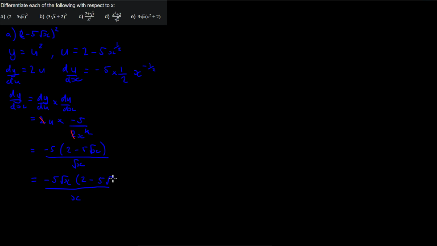Don't forget this bracket here. We could expand the brackets, maybe it'll simplify a little bit more. We'll have negative 10 root x plus 25x all over x. Now we could split this fraction up into two separate fractions, but keeping it as a single fraction as opposed to two separate fractions is probably preferred.